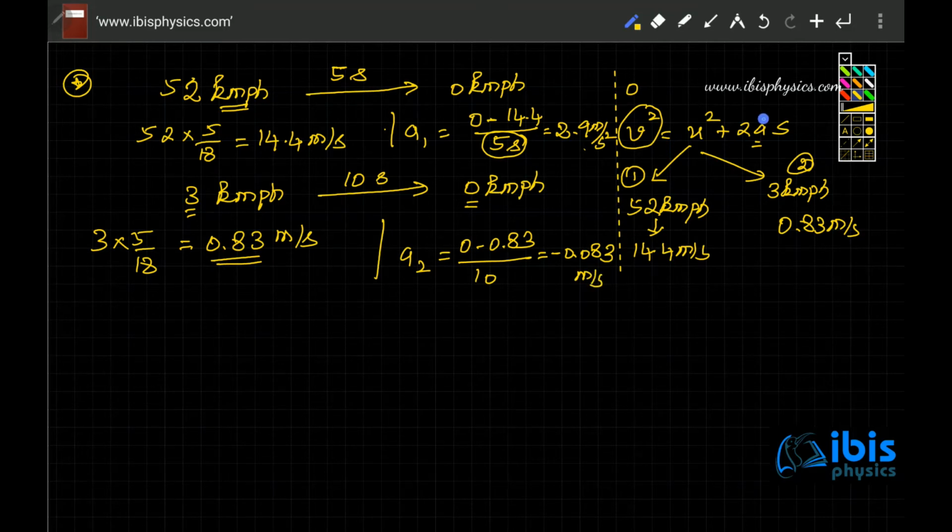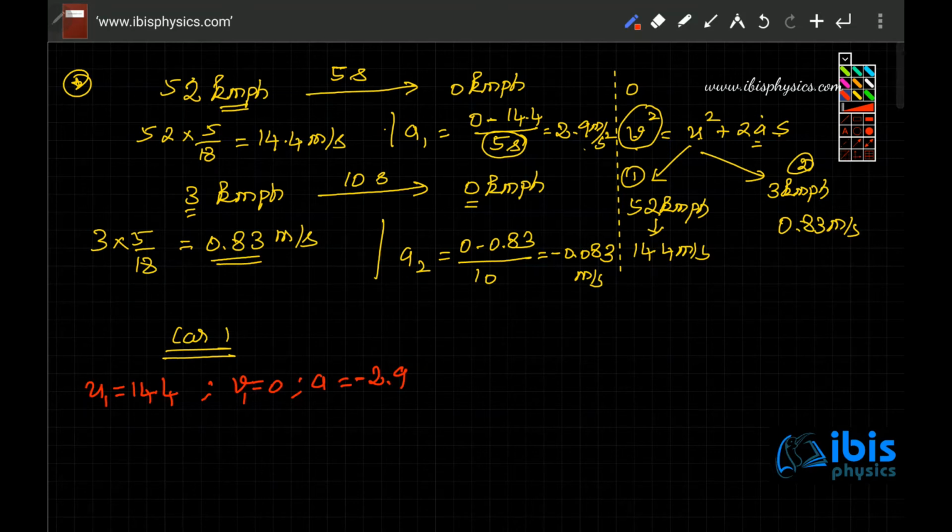So you know the acceleration, and with the initial and final velocities you'll be able to find the displacement. For car 1, initial velocity u1 is 14.4, final velocity is 0, and acceleration is 2.9. Since it is producing negative acceleration, it is minus.